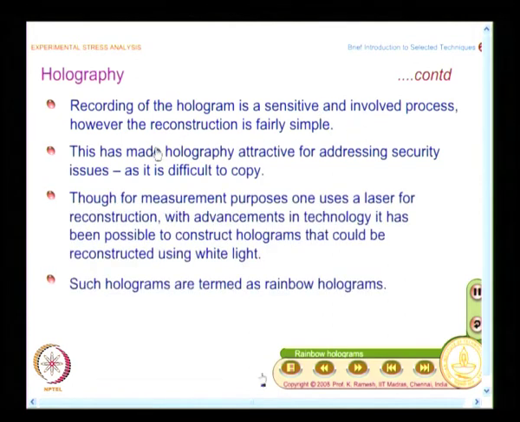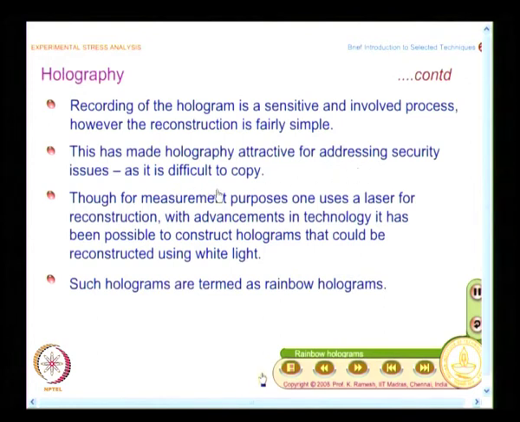Okay. That is why it is used for security devices. However, the reconstruction is fairly simple, though for reconstruction I need an optical arrangement to do it. So, this has made holography attractive for addressing security issues, as it is difficult to copy.